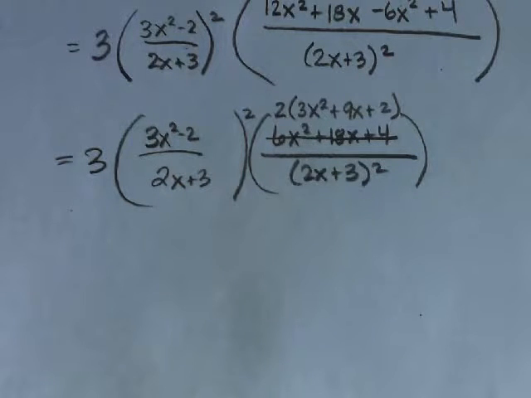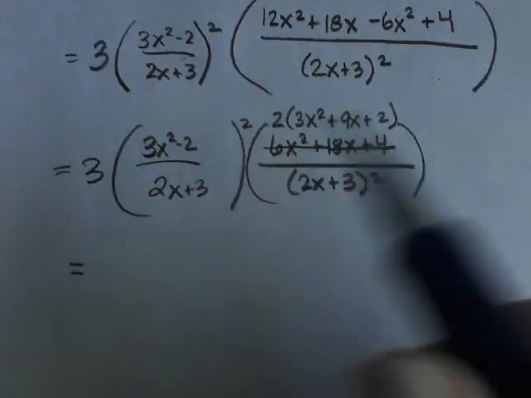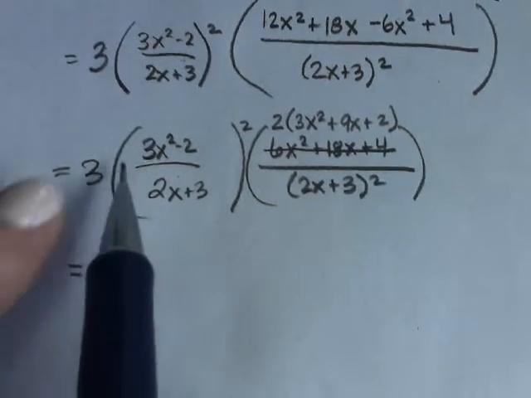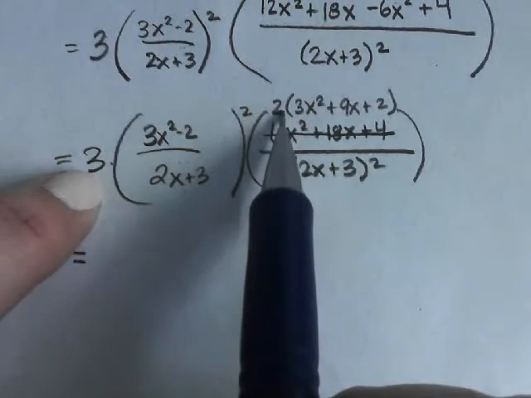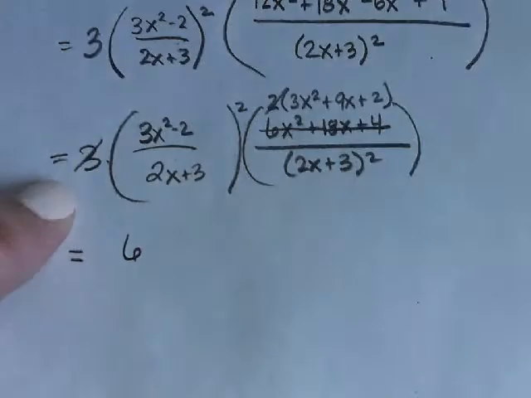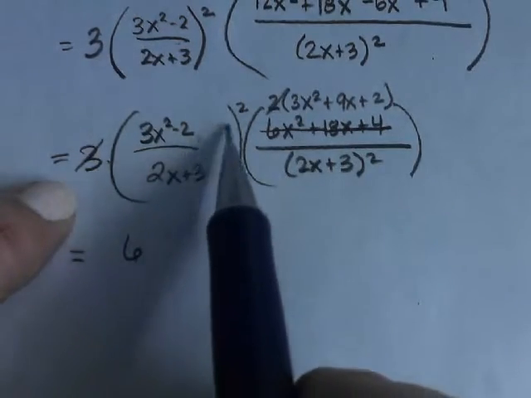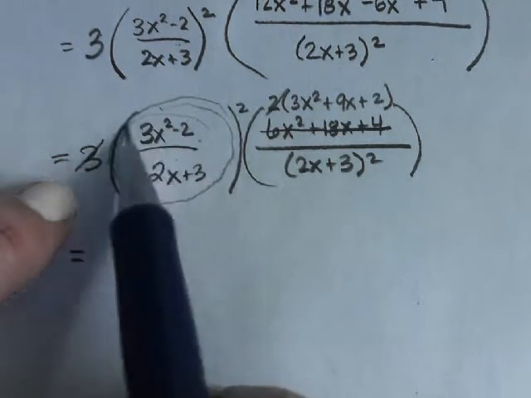So, here's my, getting closer to my final answer. I have a 3 up top times a 2 up top, which is going to make 6. That covers those two. Remember, this whole set of parentheses is being squared. So this numerator is squared, and this denominator is also squared. You with me there?